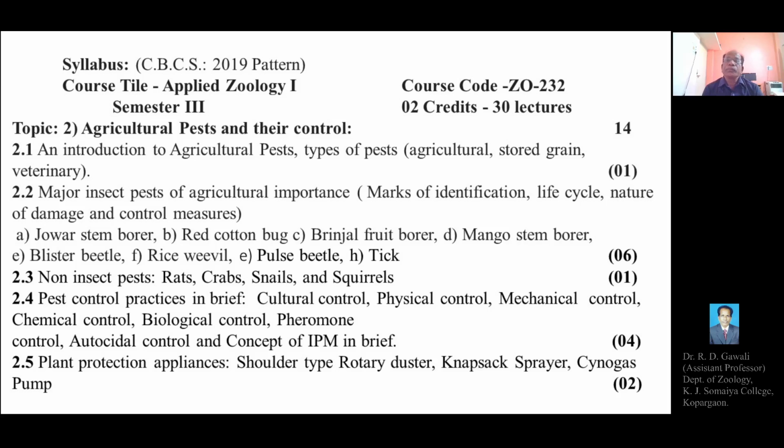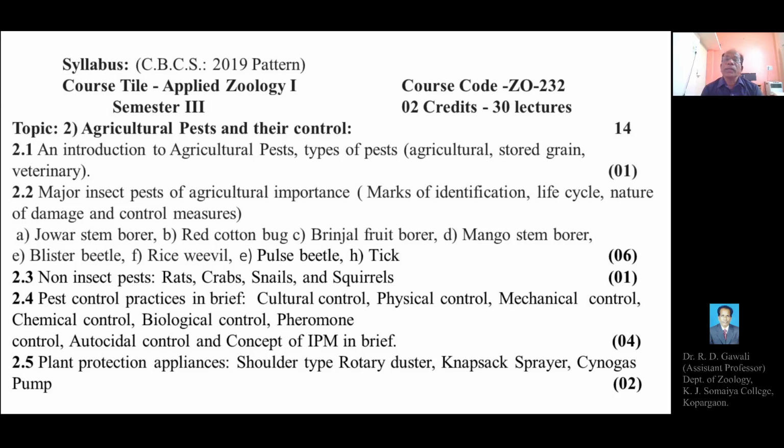This includes 8 pests that can be categorized as a crop pest, stored grain pest, and veterinary pest with respect to marks of identification, life cycle, nature of damage, and control measures.